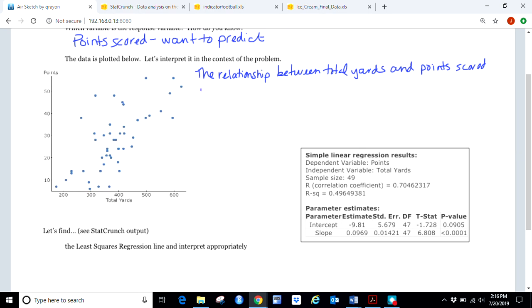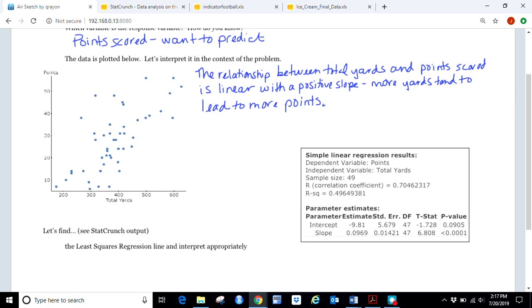Does it seem straight enough? Seems pretty straight or linear to me. I don't really see a curved pattern. And it seems to have a positive slope. More yards tend to lead to more points. So we have that first question answered.